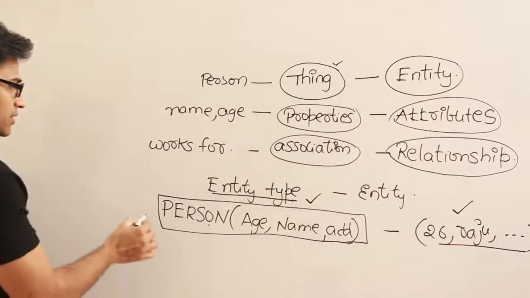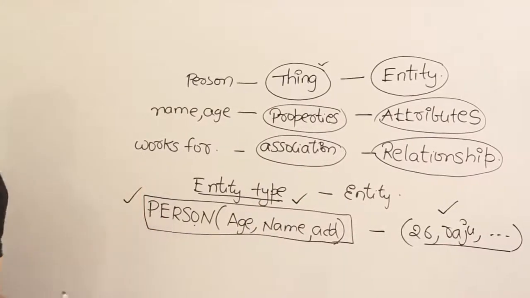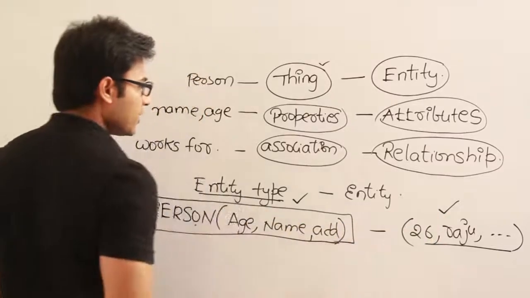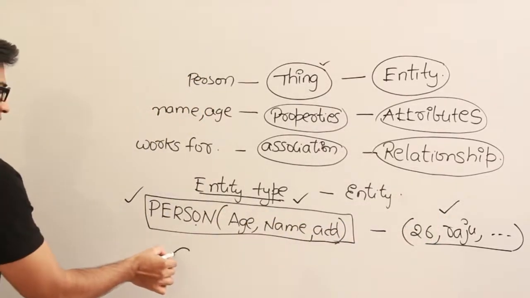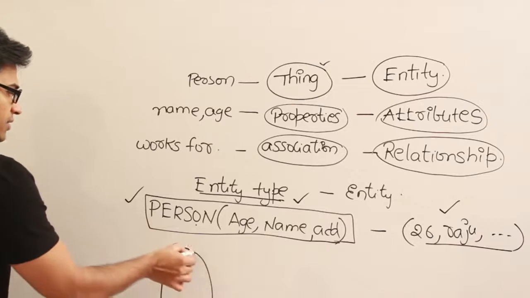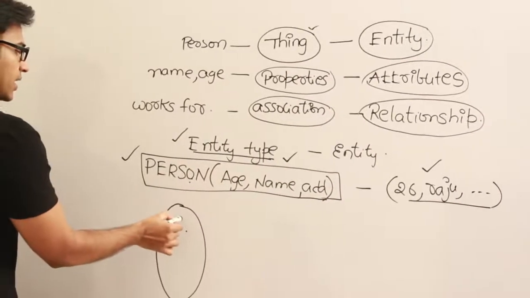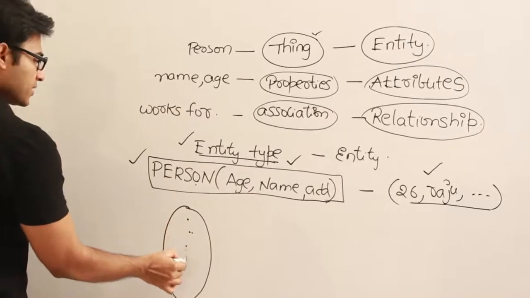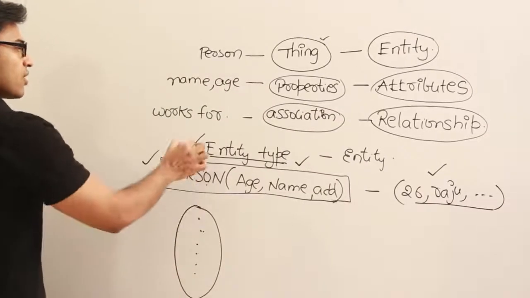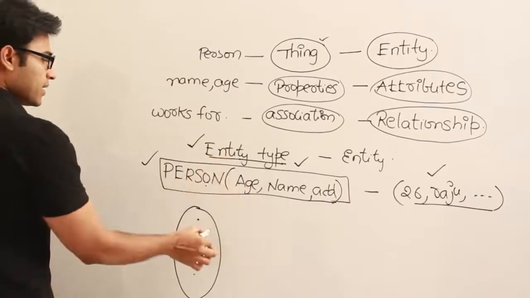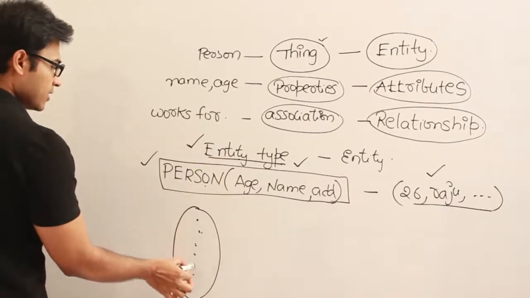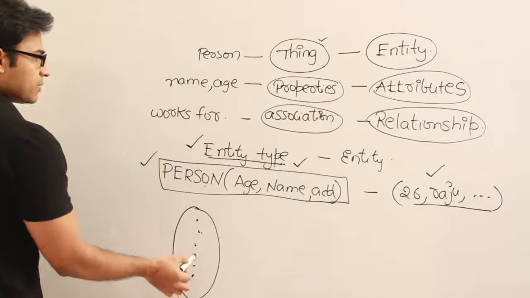Now sometimes it is also called intension and extension. So if you want to think of it as set theory, right, this entire set, the name of this set is called the entity type and the elements in this set are called entities, right? And we are not going to change entity types, but we might add and delete some elements in the entity type, right?